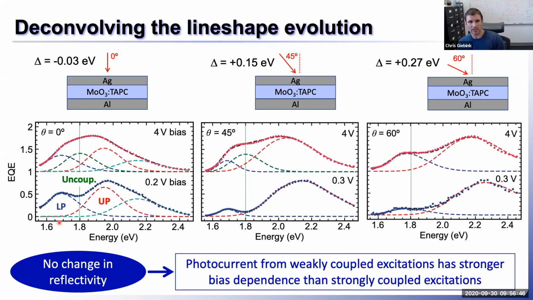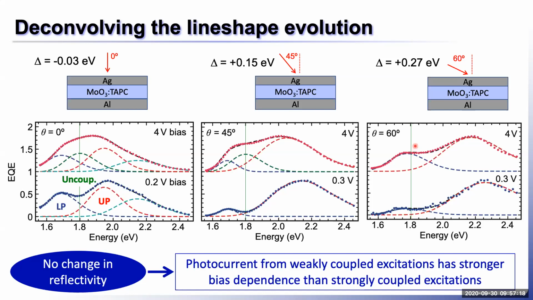Just because we don't see a contribution from the uncoupled state in the fitting doesn't mean that it's not there. In fact, it probably is, and the reason is that our fitting can't resolve the uncoupled excitation from, in this case, the lower branch, because they're basically at the same energy. So it's very likely that there's a contribution from the uncoupled states. It's just that we can't discern it from a fit. We can fit just as well with two as with three, so there's no reason for us to include a third peak. Okay, I see.